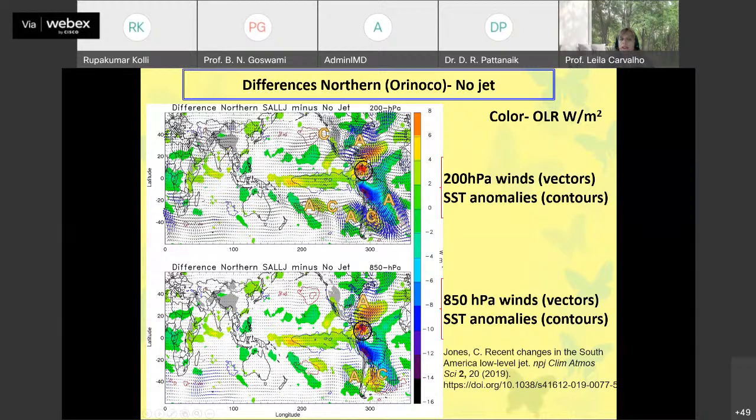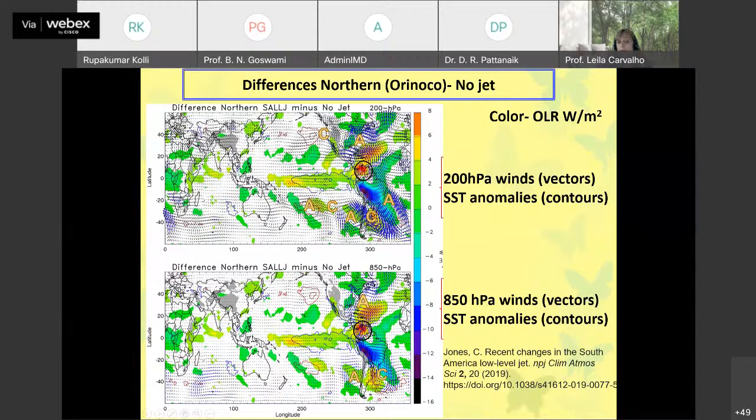So even though we have the jet in this region, we clearly see the importance of both hemispheres perturbing circulation. This is upper levels. When you look at low levels, we see a very clear anticyclonic circulation. This is the North Atlantic anticyclone becoming stronger.